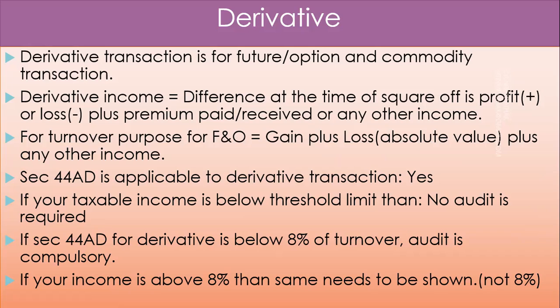If it is above 8% of the turnover, you need not do a tax audit. But suppose I have got a turnover of about 2 crore and I have a profit of rupees 20 lakh, then I have to show 20 lakh, not 8%.